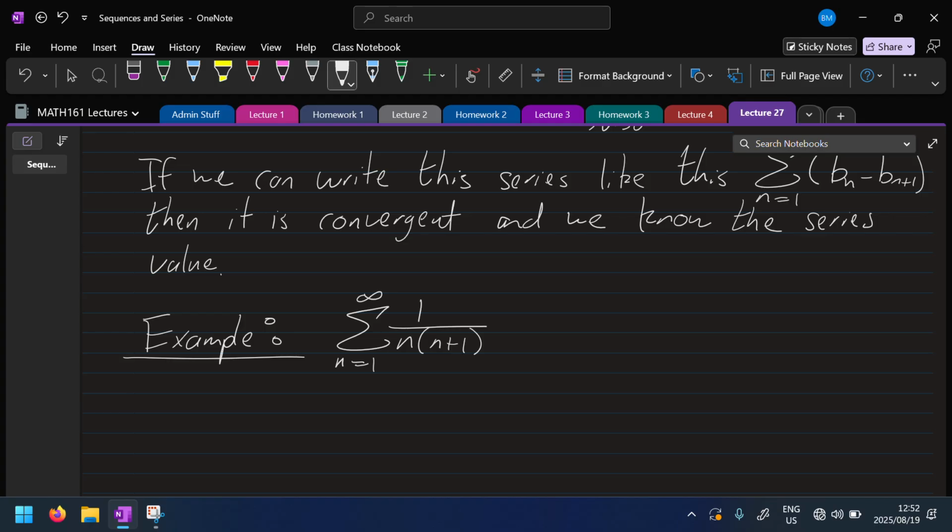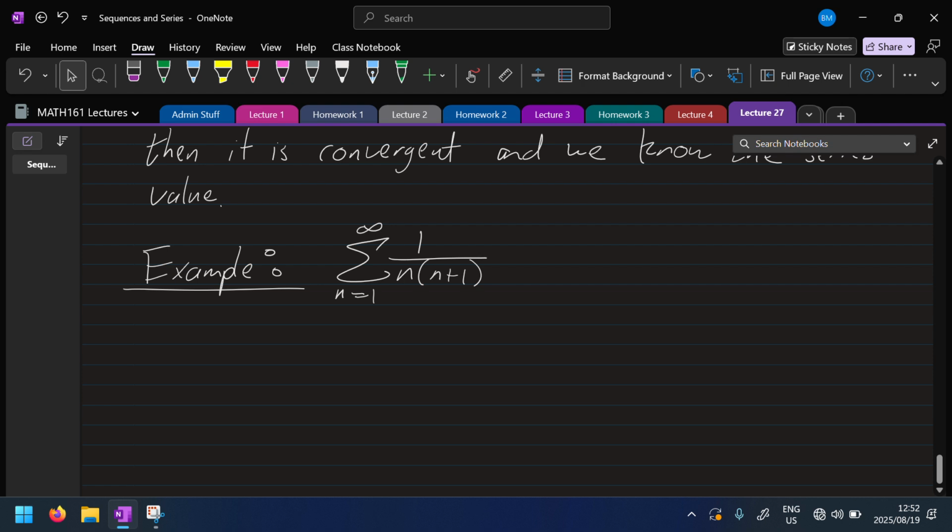Firstly, what you should see is the bottom is factored: n times n plus 1. If you remember back to when we did the integrals, if the bottom is factored, what can we use? Partial fractions, yeah. So we're going to try to use partial fractions on the bottom, and we'll see that this is a telescoping series. So method 1: use partial fractions.